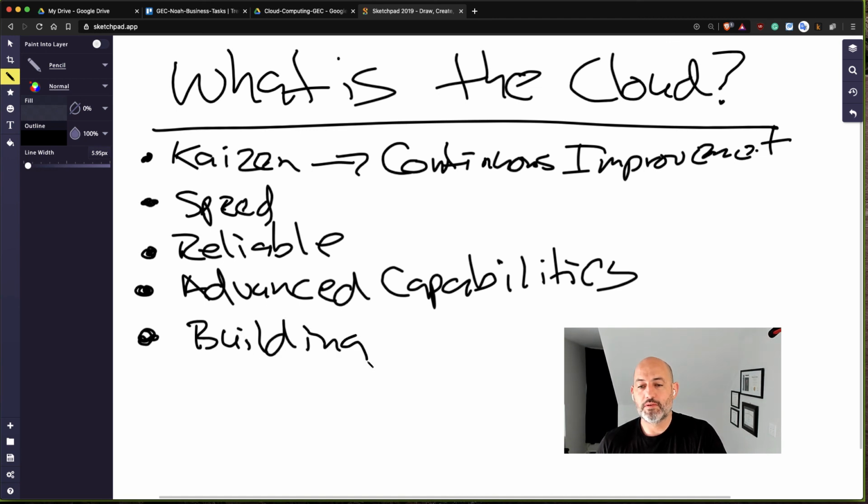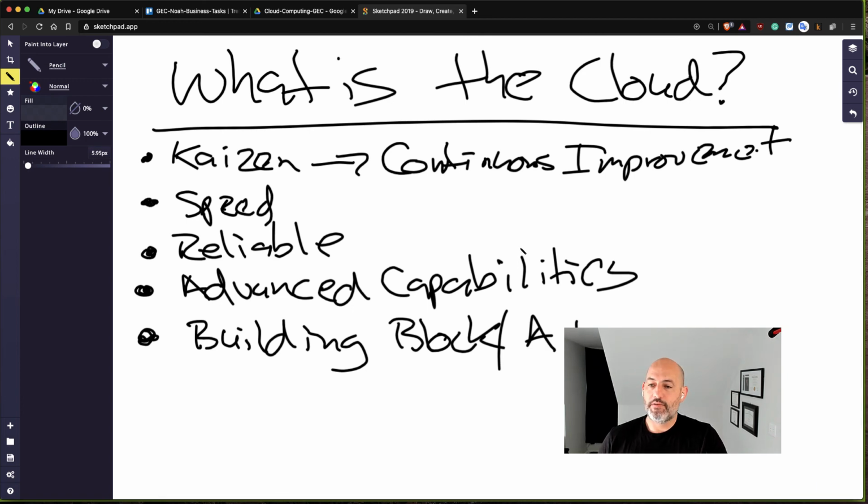If you don't have cloud computing, you really cannot build AI solutions. The AI capabilities require GPUs, high storage, high compute, elastic infrastructure, and APIs that do natural language processing. The foundations of AI come from cloud computing.